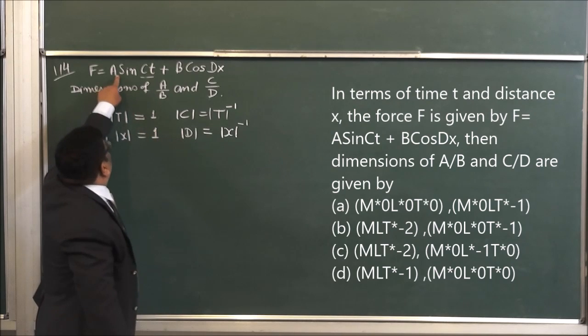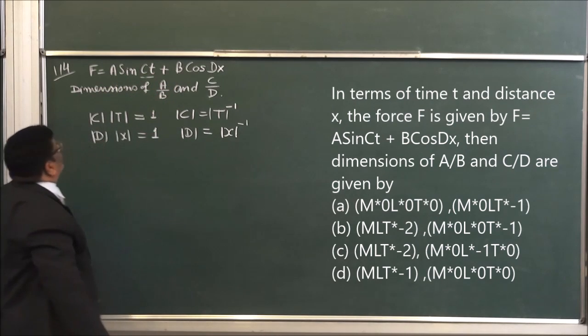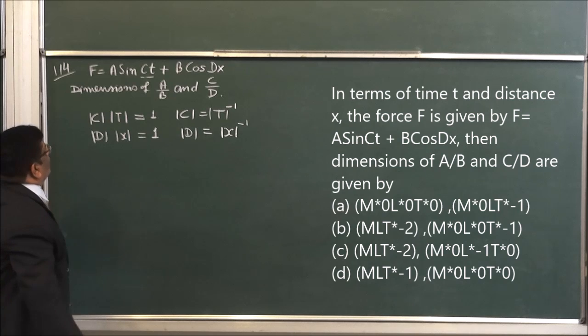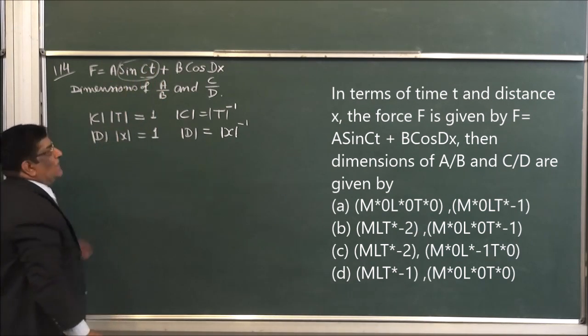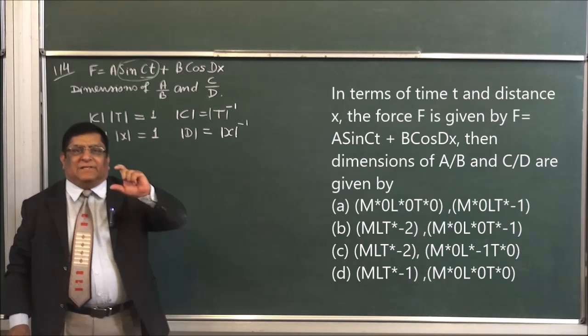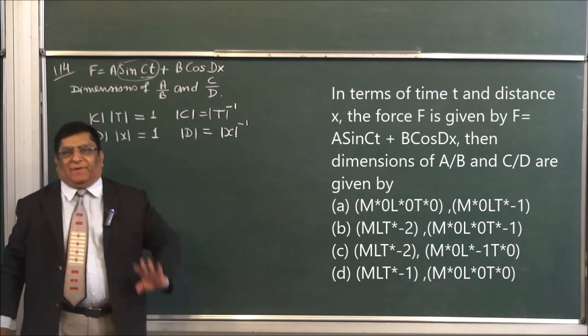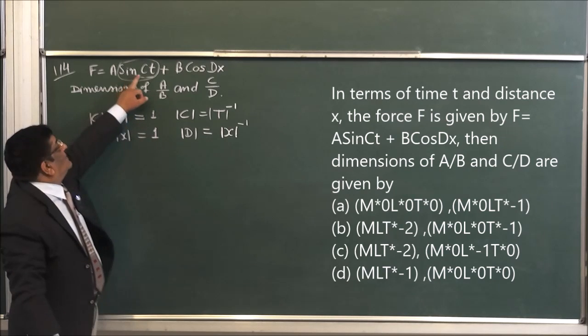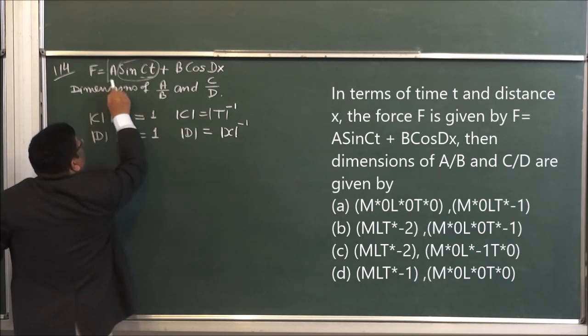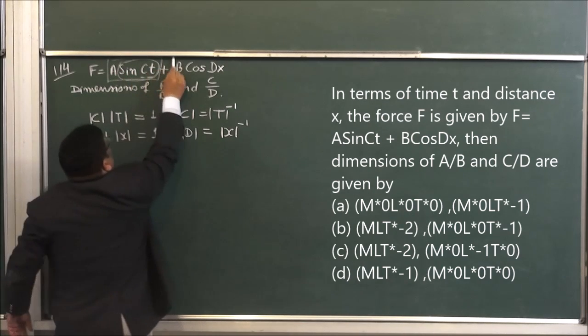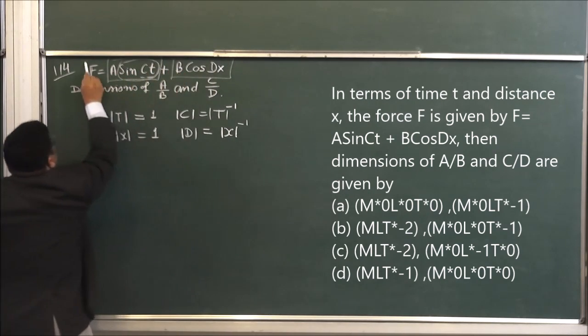First, we also have to settle for A and B. A and B are very easy. What are the dimensions of sine CT? Answer, sine of any angle is a fraction and it has no dimensions. Now because it has no dimensions, then this is one term, this is another term, this is another term.